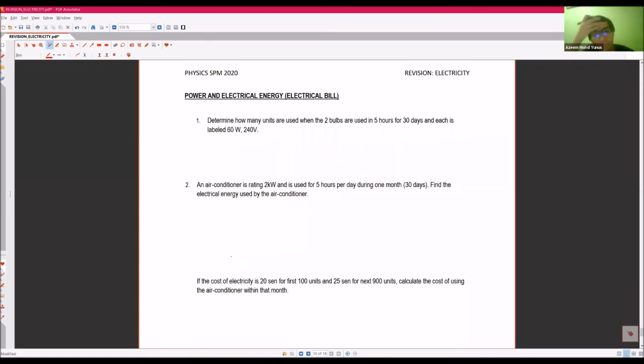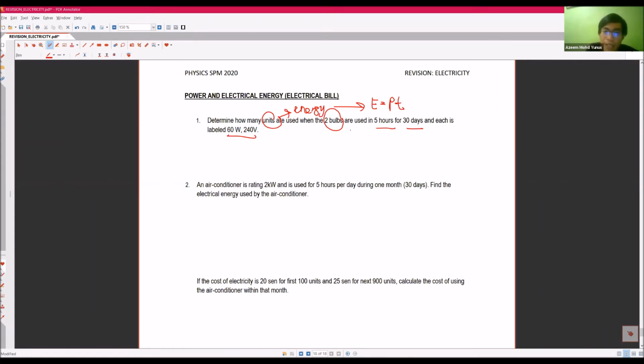Number one, determine how many units are used when 2 bulbs are used 5 hours for 30 days, and each is rated 60 watt, 240 volts. So again, unit of energy. We can use the formula first, E equals P times T. V squared over R T or I squared R T is only used to define energy in terms of joule.